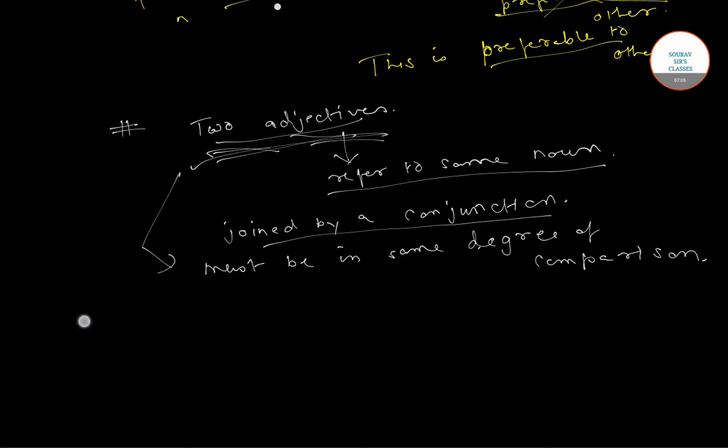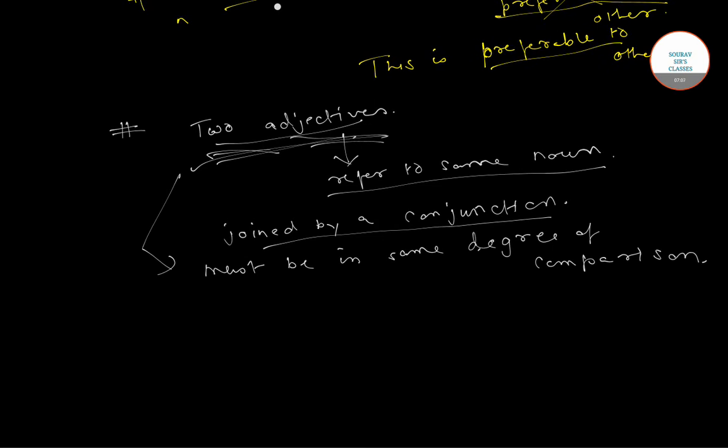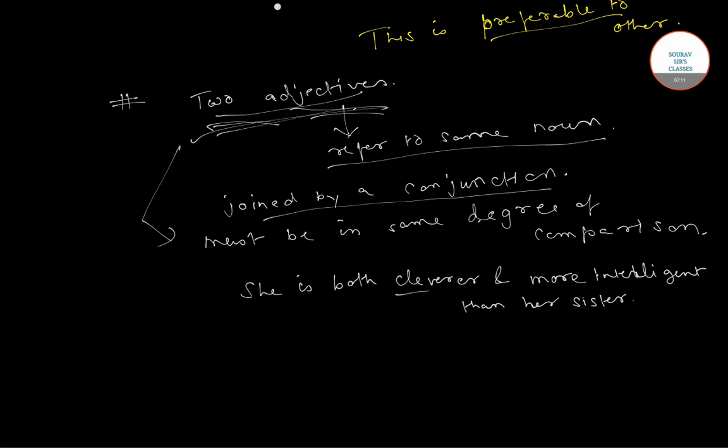For example, she is both cleverer and more intelligent than her sister. Here both cleverer and more intelligent are in same degree.